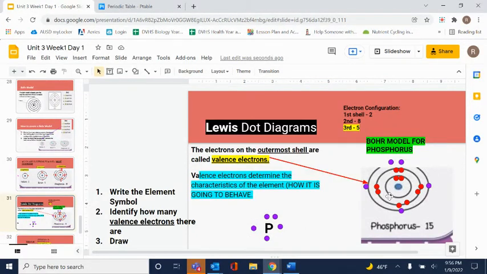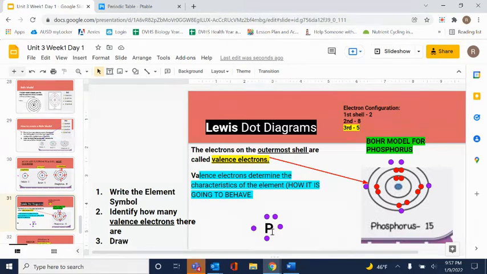Over here we have the Bohr diagram. Here we have the Lewis dot diagram that only shows the valence electrons. This is important, and the reason why I said valence electrons are the most important is because they show us how that element is going to behave. Its valence electrons are the ones that can bond to other elements.